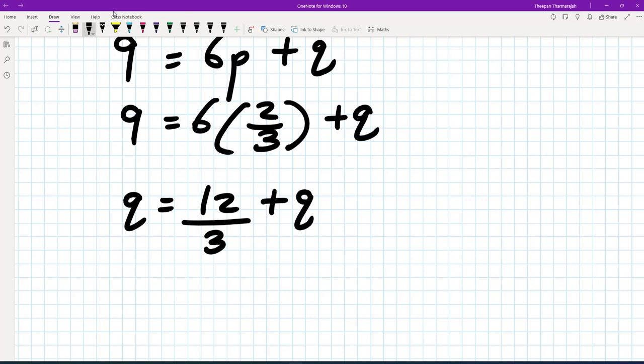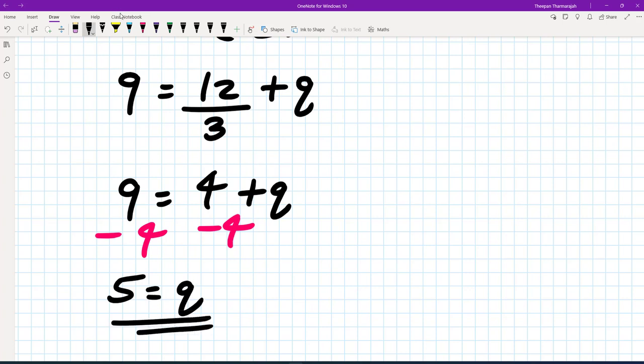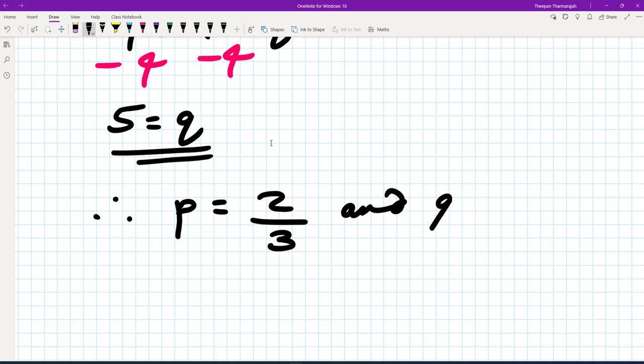That should be 9 equals 4 plus q. Then we can minus 4 on both sides, so 5 equals q. Therefore, p is 2/3 and q is 5.